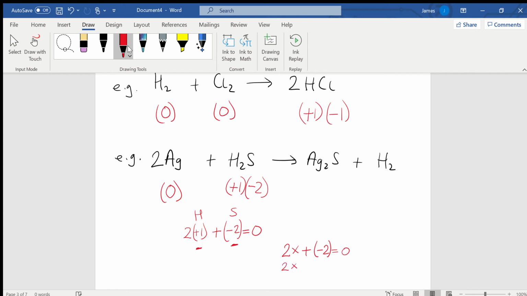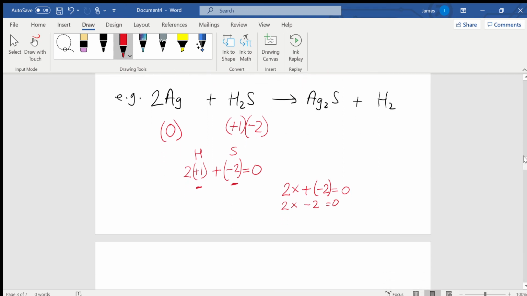So I have 2x minus 2 is 0. And if I keep going with the math, 2x is plus 2, or x is plus 1. So I could arrive at my oxidation states by doing a little algebra.